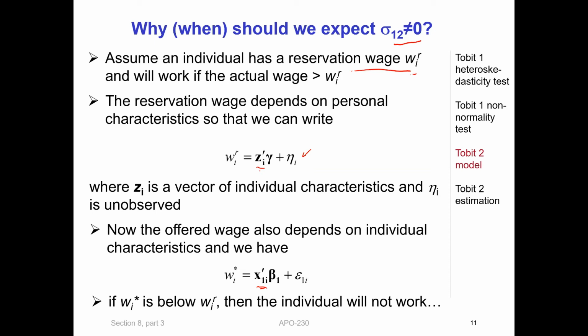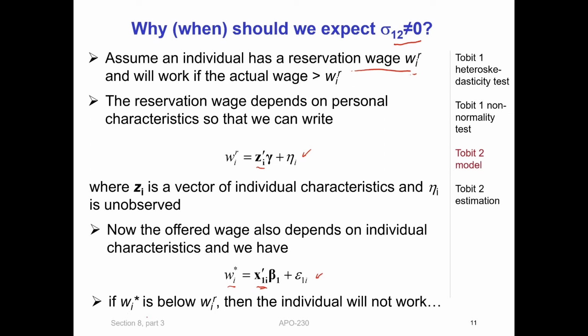For example, age, education, and experience. Such things will enter both equations. And the offer wage here is again the Wi star that we talked about before, the latent variable. Okay, so this equation is familiar to us with the error epsilon 1i.